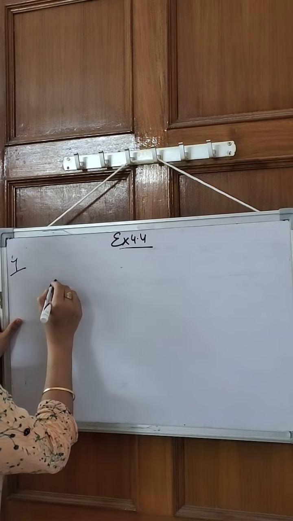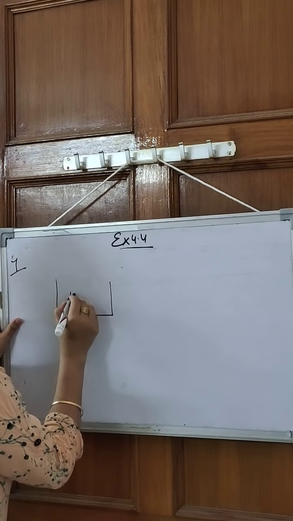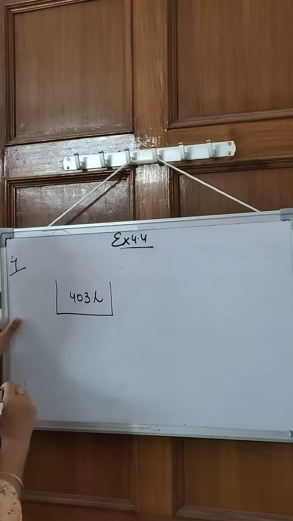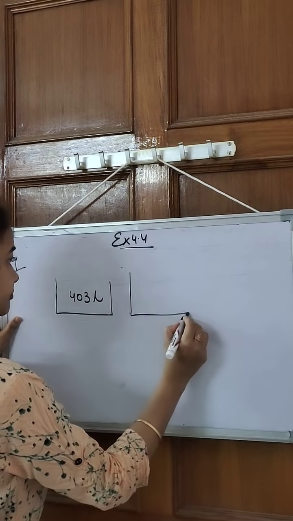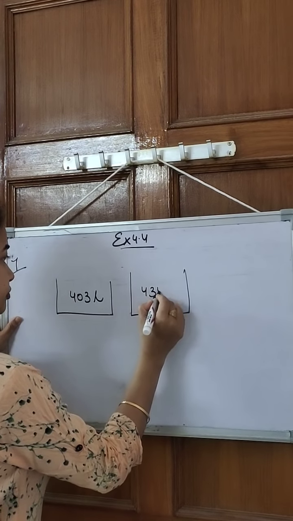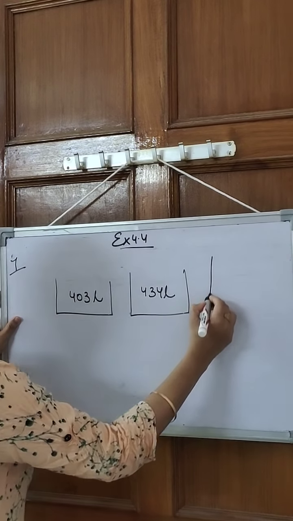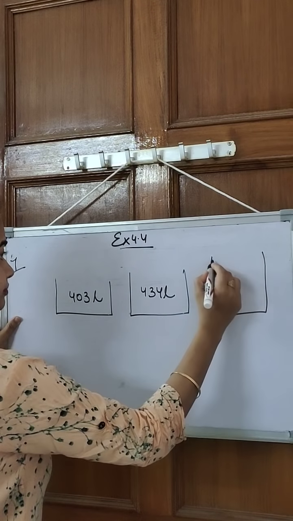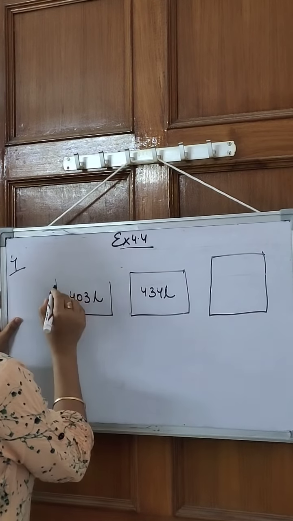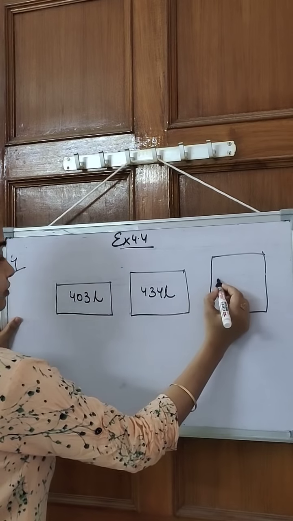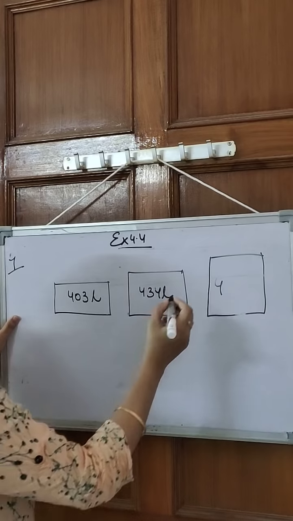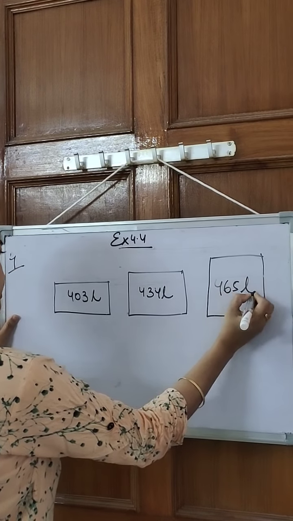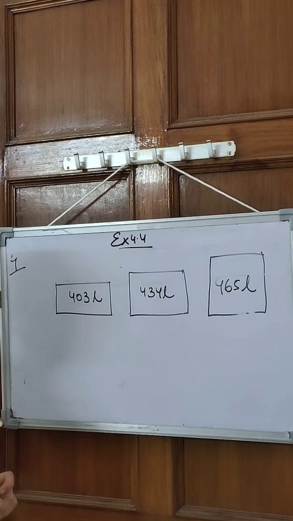So let's take three containers. The first one has this much diesel, the second one has 434 liters of diesel, and the third one has 465 liters of diesel. Okay, so we have three containers with this much diesel.